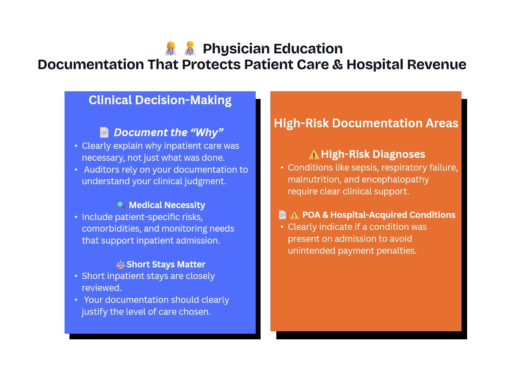Clinical decision-making. 1. Document the why, not just the what. Clearly explain why inpatient care was necessary, not just what was done. Helpful phrases include: high risk for clinical deterioration due to; requires inpatient monitoring because; given comorbidities and abnormal findings, inpatient level of care is warranted.